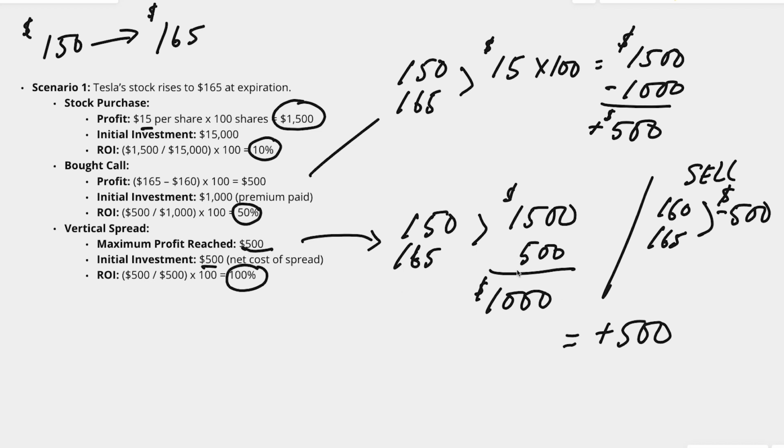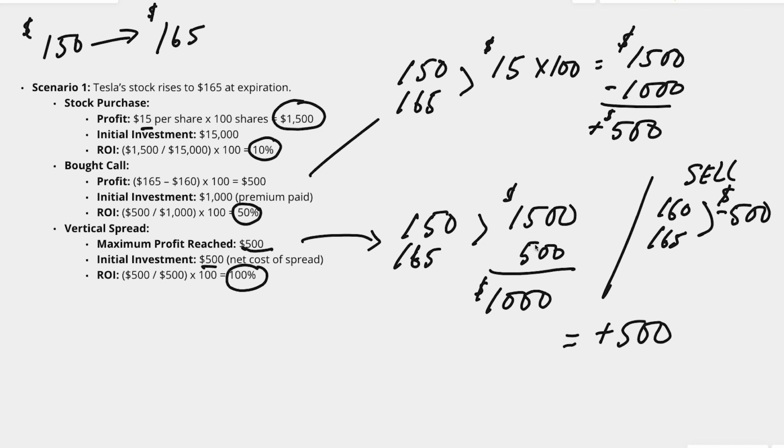So you can figure out how you like to do the math. You can do the net debit there and take it away, or it depends on where you like to do the math. But basically, this is the call option that we bought.